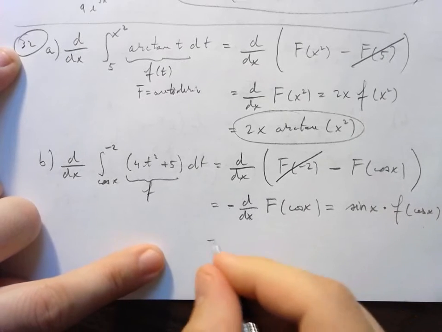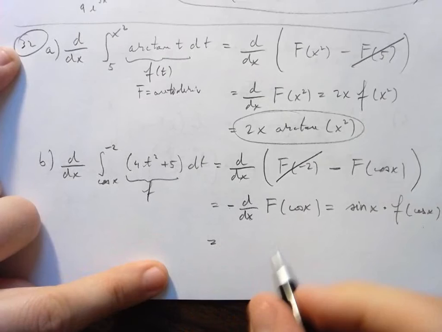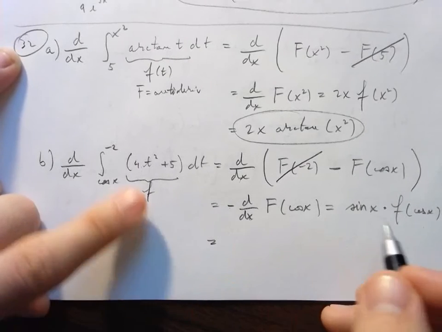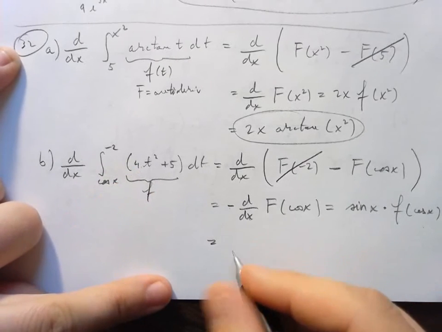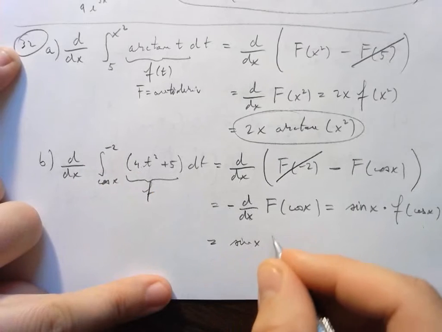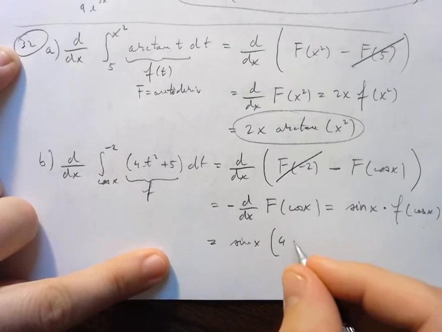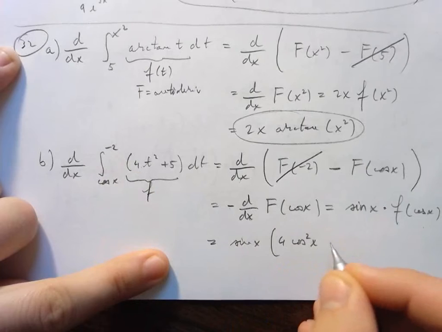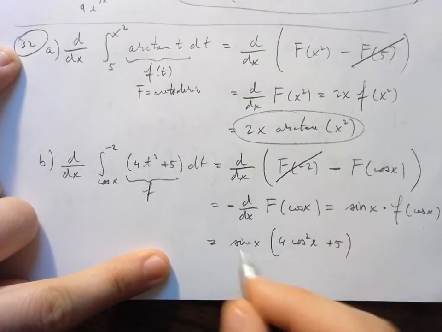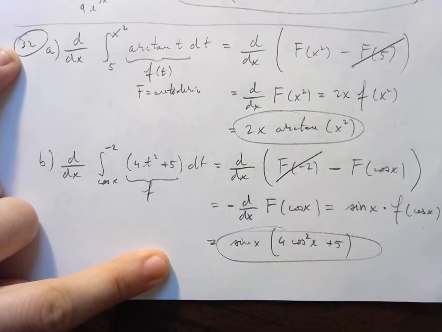So when I plug that in, let's see what happens. This is little f, so everywhere I see t, I replace it with cosine. This is sine of x times 4 cosine squared of x plus 5. And that is the answer.